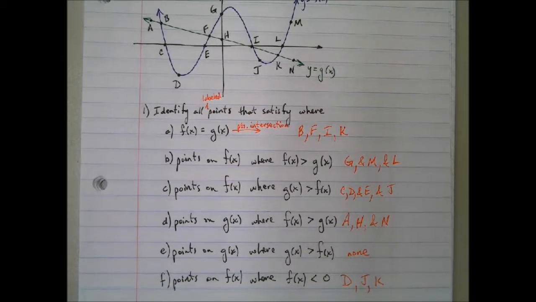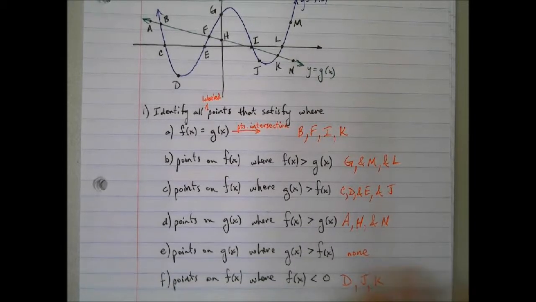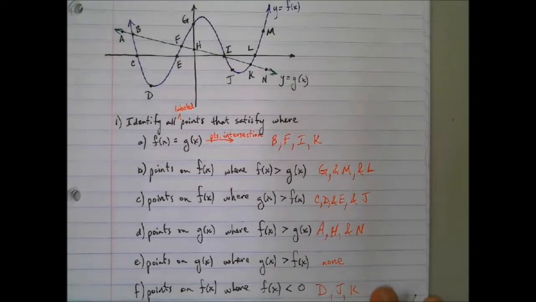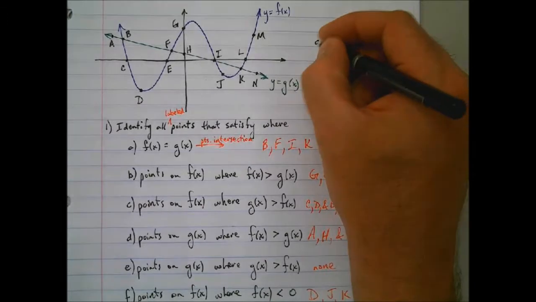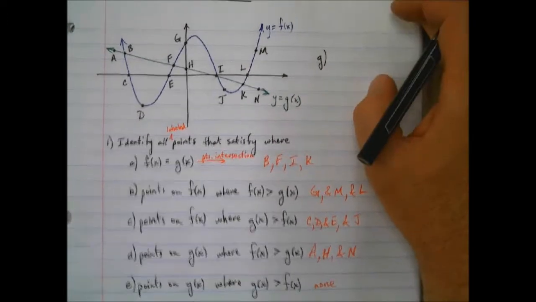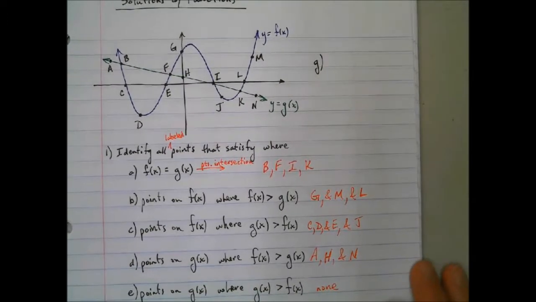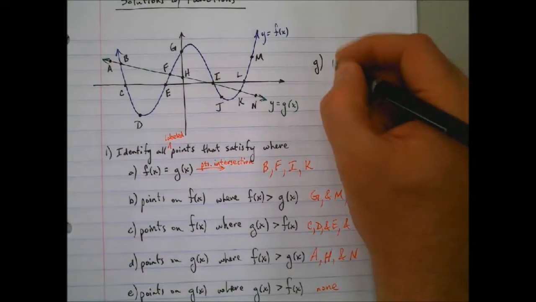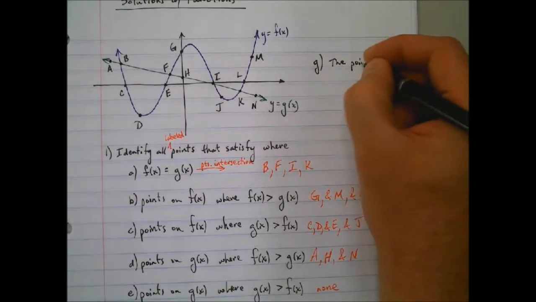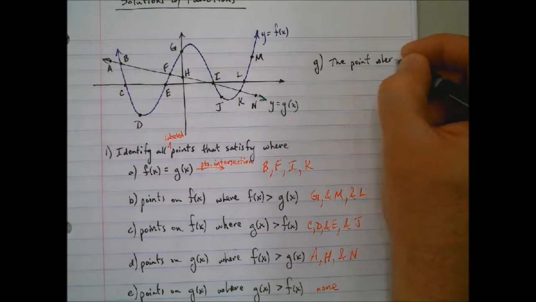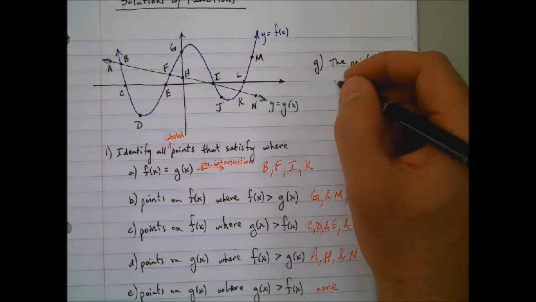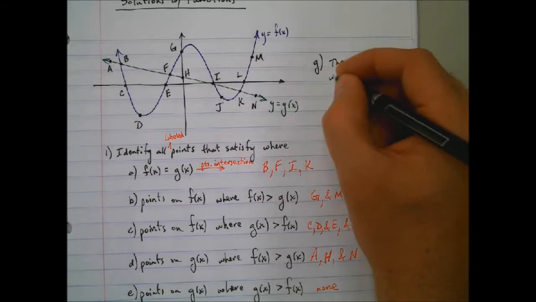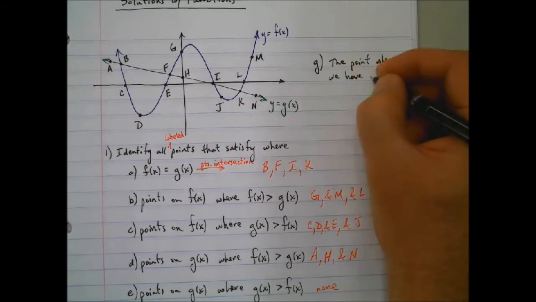I think I'm running out of space down here at the bottom. Let's move it up some. How about the point where we have g of 0?